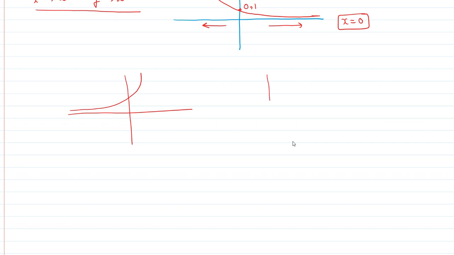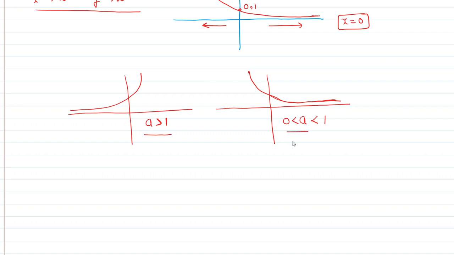And if you just change it, these are the mirror images. Why? So basically these are mirror images. Here a is between 0 and 1, and here a is greater than 1.